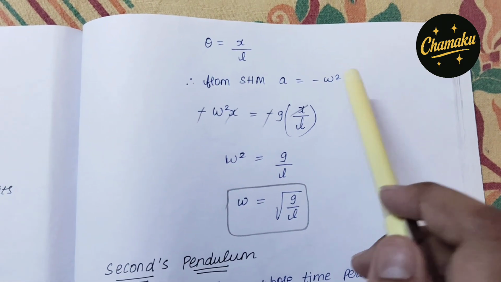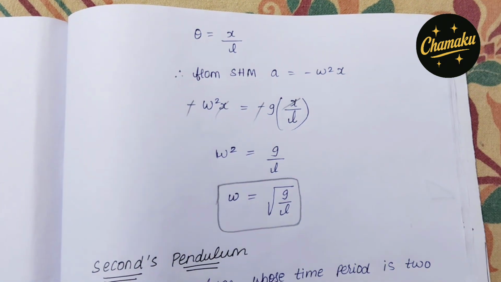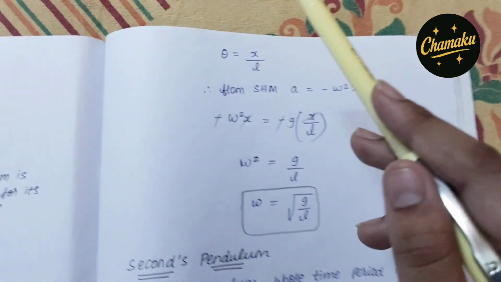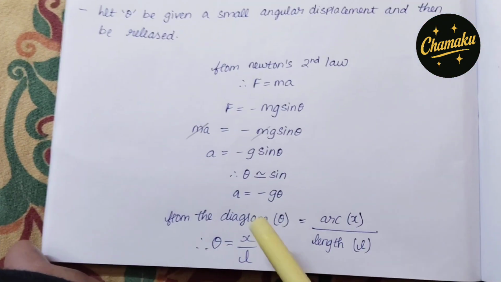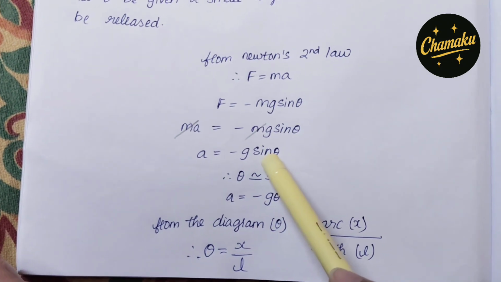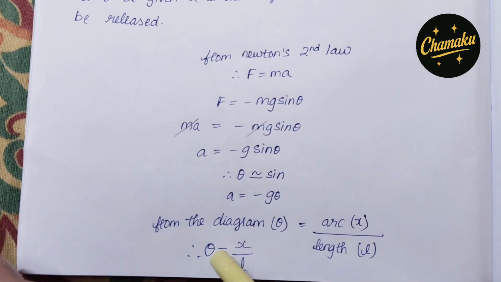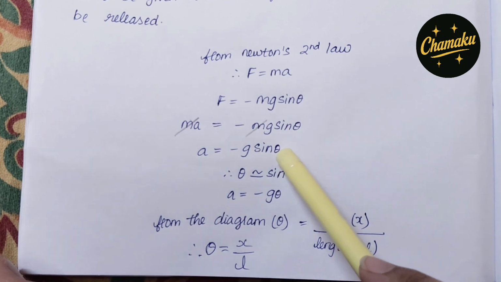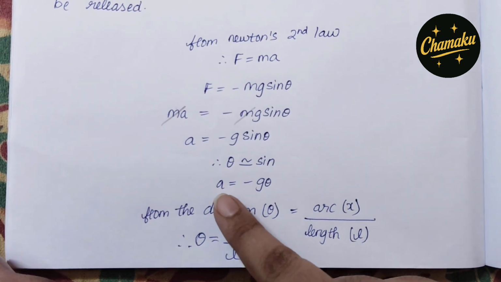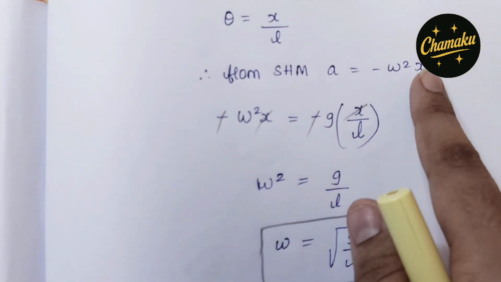Okay, so here we got the a formula and also we got the theta formula. So in the place of this a is equal to minus g theta, we have to substitute these terms: in place of theta, we substitute x by L, and in place of a, we substitute minus omega square x.